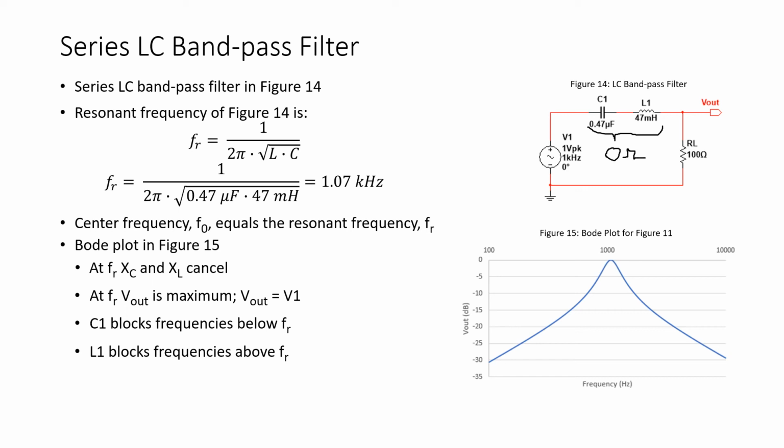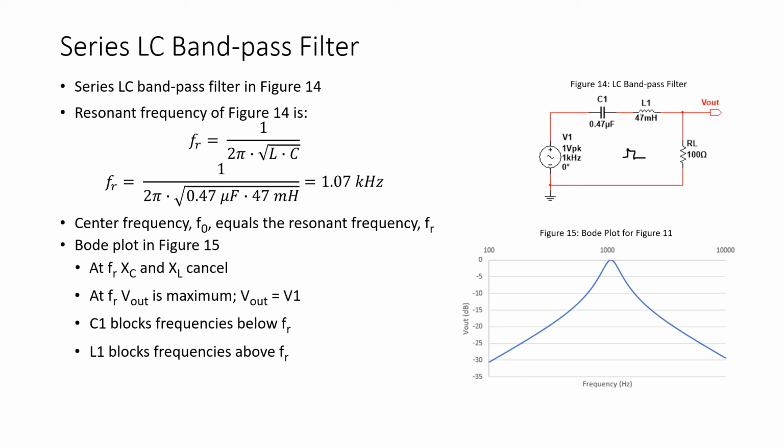So at resonance, V out is approximately equal to V1, because again, at resonance, these two components cancel out, and from here to here, we have 0 ohms. Now, at frequencies below resonance, X sub C is greater than X sub L, and we start blocking AC from passing to V out. At frequencies above F sub R, the resonant frequency, X sub L is greater than X sub C, and the inductor blocks AC current from flowing to V out.